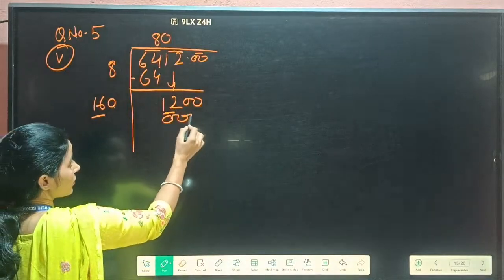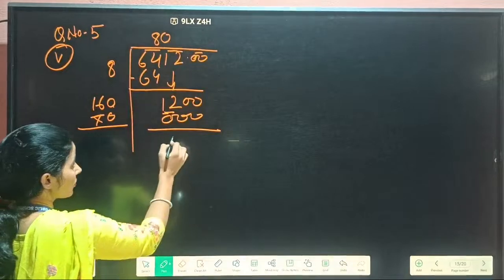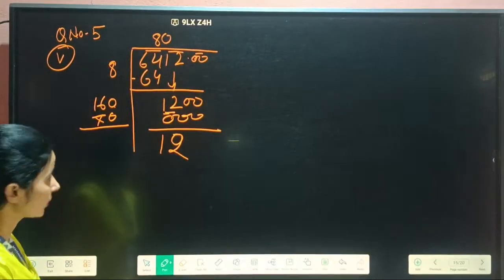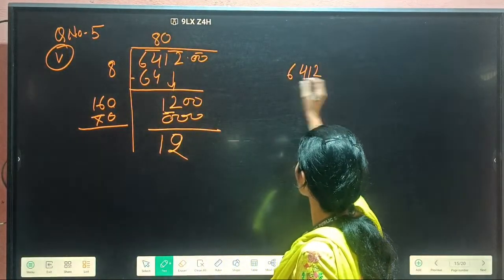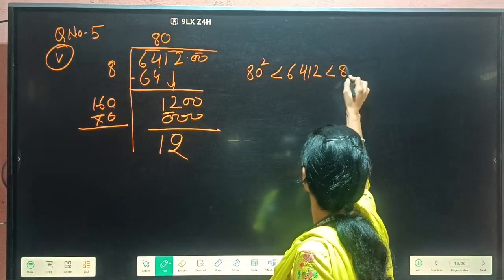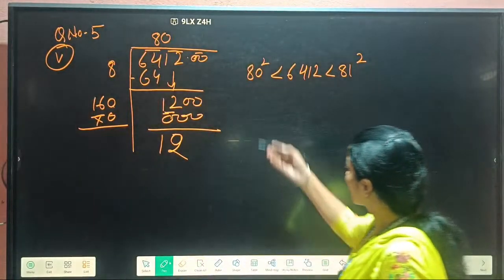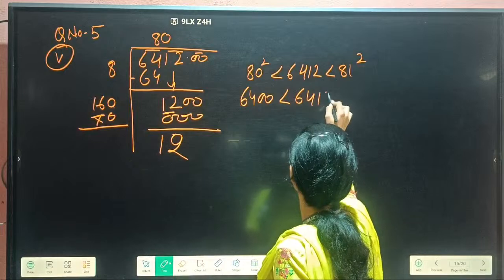So you will write there 0 and 0. Multiplication with 0 will be 0. So the remainder is 12. This number 6412 lies between 80 square and 81 square. 80 square will be 6400 and 6412 is as it is.